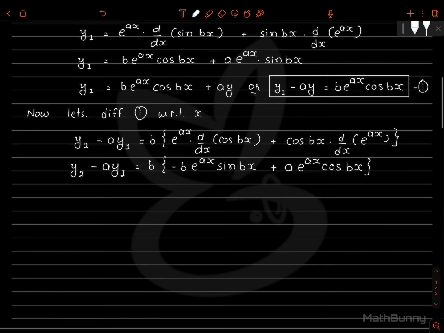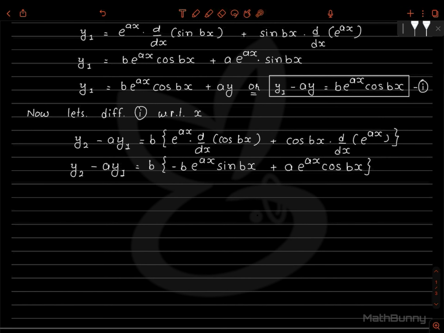Now let's first multiply this b inside. y2 minus ay1 is equal to minus b square e raised to ax sine bx plus ab e raised to ax cos bx.